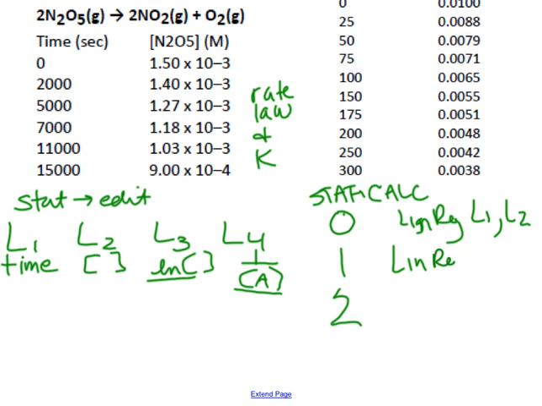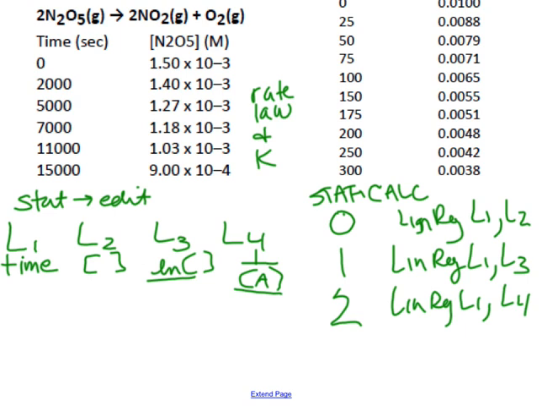Then I'm going to do linear regression for a first order, which was time versus what? Natural log, right? So you'll do L1, comma L3. Then we're going to do second order, which is linear regression of L1 comma L4.